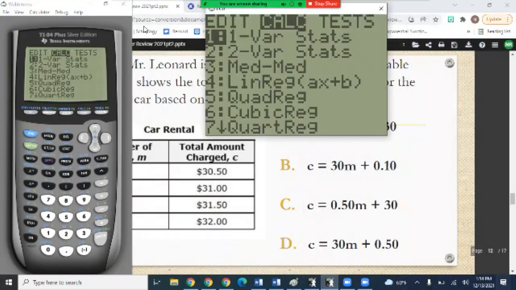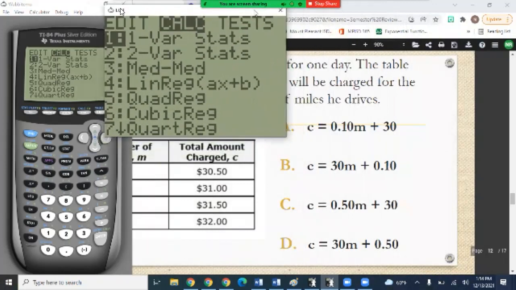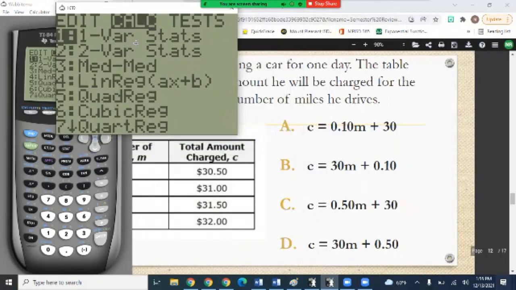Now, you also need to know that you're picking option 4 by the end of the year. By the time we get around to May, you're going to have 3 different options that you're going to know how to use. It's going to be 4, 5, and 0 once we get to that. 0 is the very last one that we learned.